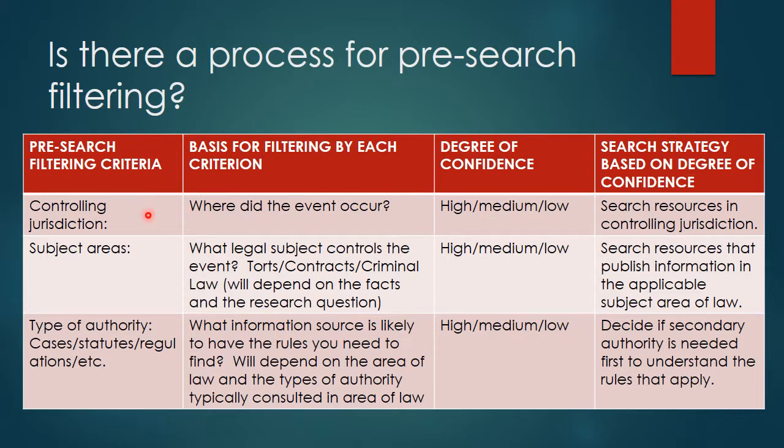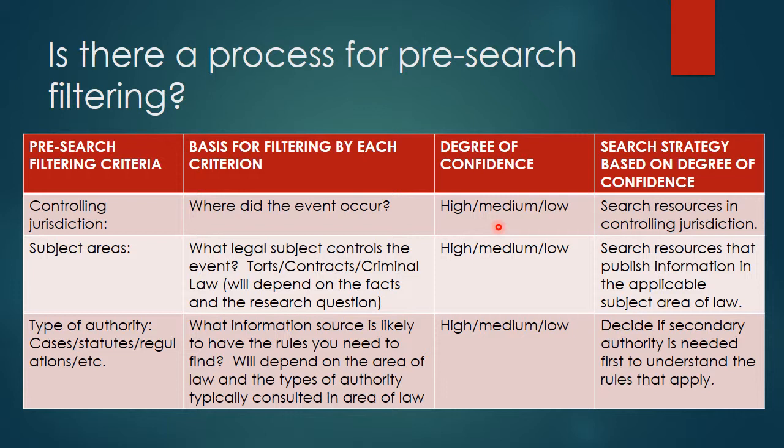So, for controlling jurisdiction, the obvious question to form the basis for filtering by each criterion is, where did the event occur? And then you choose your degree of confidence. If you're certain, because you know that, like in the situation of the smoker battery case, it took place in a certain state, then your degree of confidence would be high.